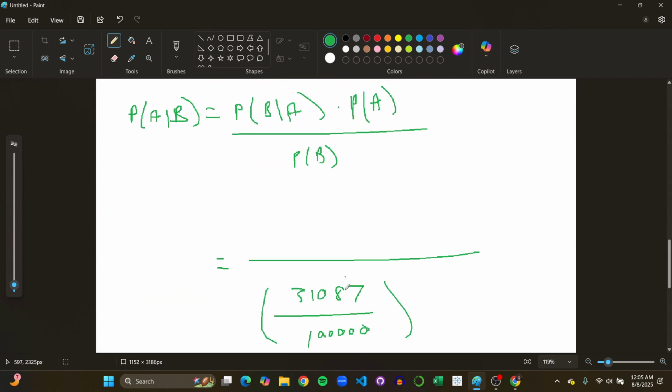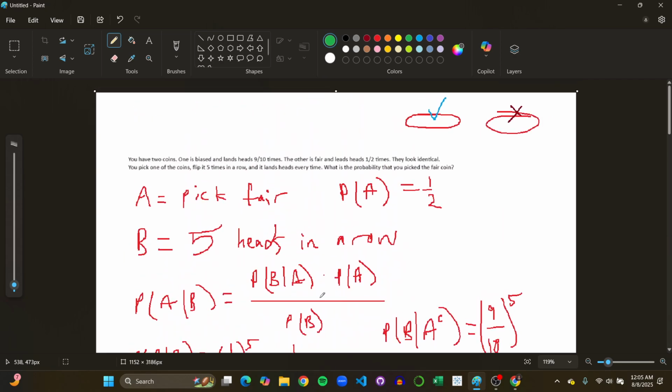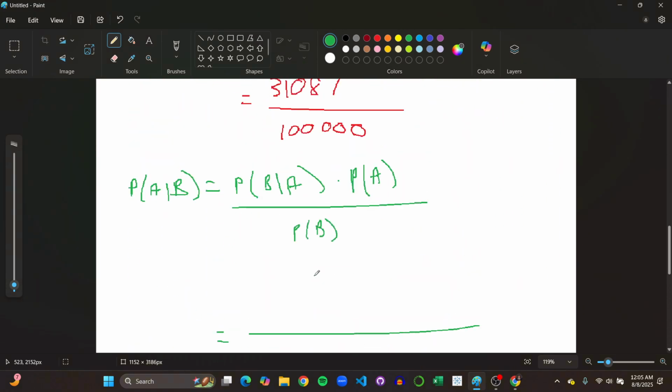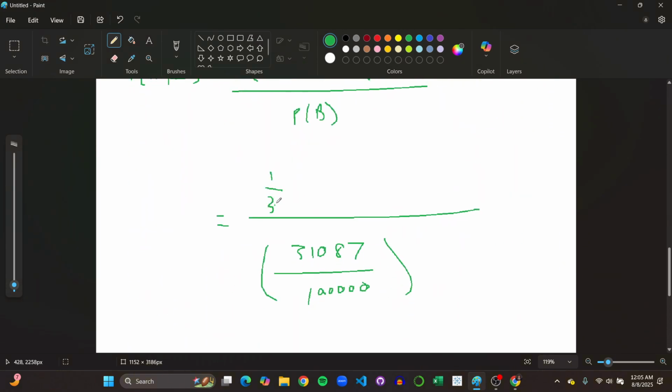And then P of B given A, let's remind ourselves, is getting 5 heads in a row given you're using a fair coin. So that's 1 over 32 and 1/2.